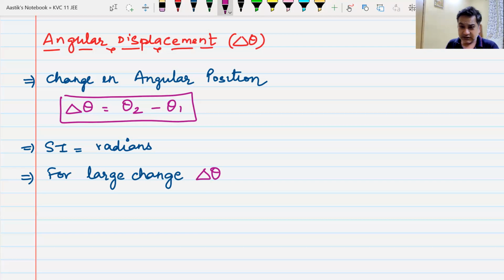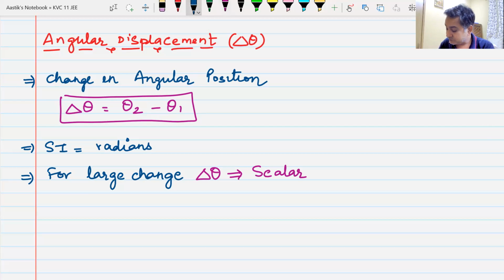For large change, which is delta theta, it is taken as a scalar. If the change in angle is large, 5 degrees, 10 degrees, 15 degrees, it is a scalar.